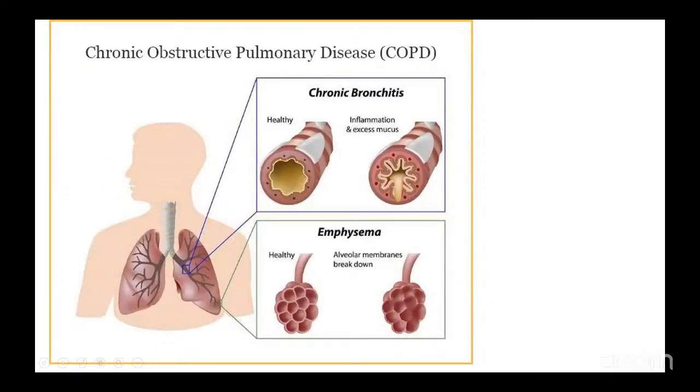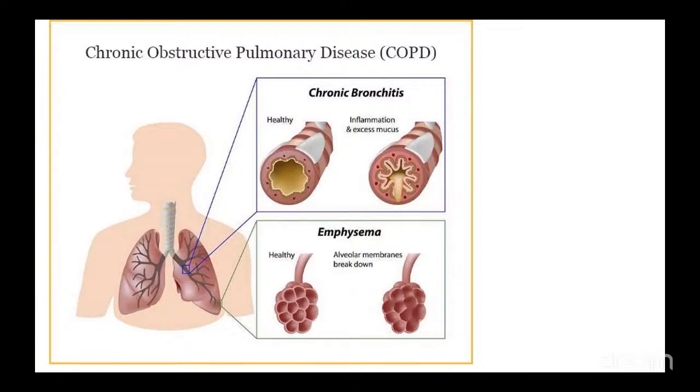So in chronic obstructive pulmonary disease, two things happen. One, emphysema, the other one is chronic bronchitis. In chronic bronchitis, what is happening? Inflammation and excess mucus secretion, because of which narrowing happens. And in emphysema, what will happen? The alveoli, the connective tissue surrounding them, because of problems over there, will become thinner and thinner. Although they can inflate much more easily, they will also collapse much more easily.